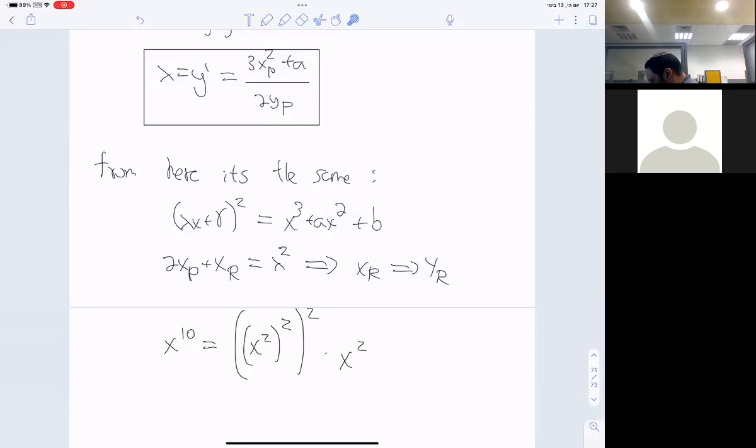Once you know what is x to the 4, it's easy to find x to the 8. So you don't really do it 8 times. But Tomer will talk about it.